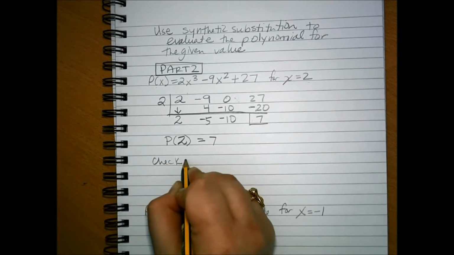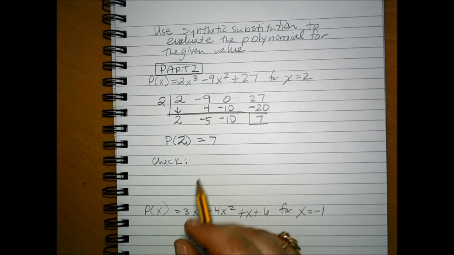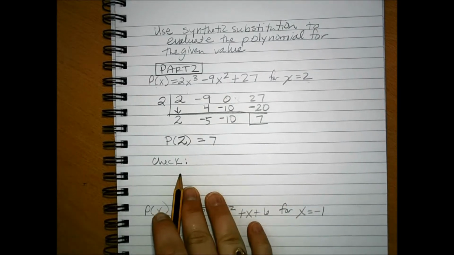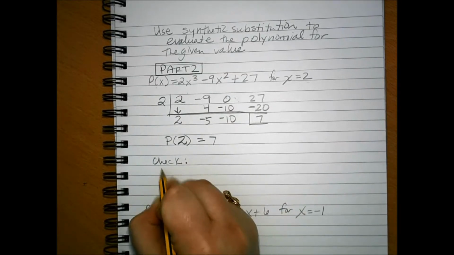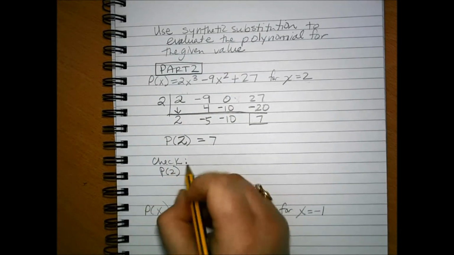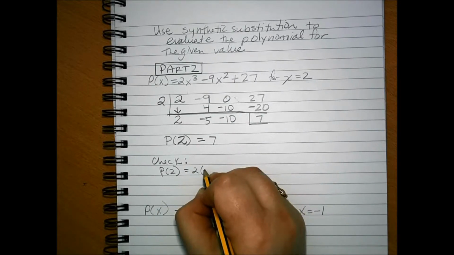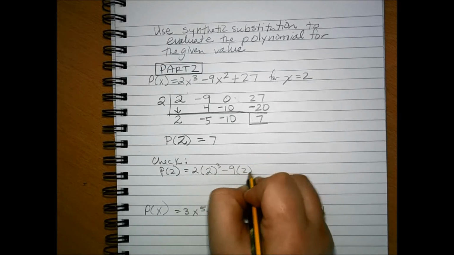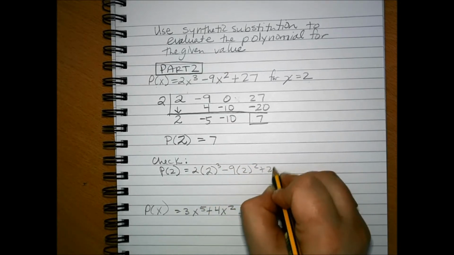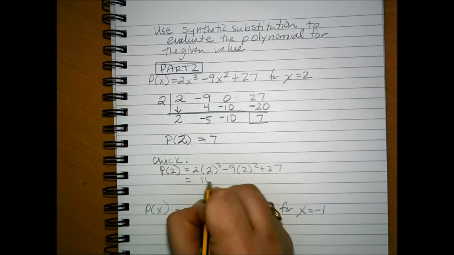Now, you don't have to check it for your homework because that kind of defeats the whole purpose of doing synthetic substitution. I'm just checking it here to show you that it is actually the same number. So if we were to do the evaluation the old way, we would have 2 times 2 cubed minus 2 times 2 squared plus 27. 2 times 2 cubed is 16.